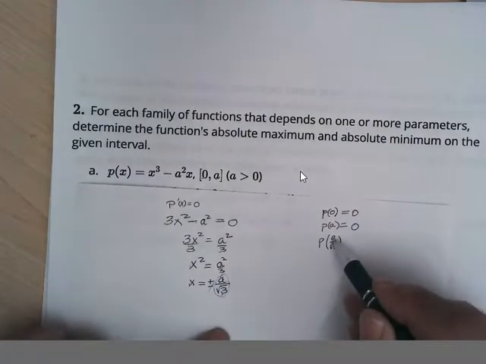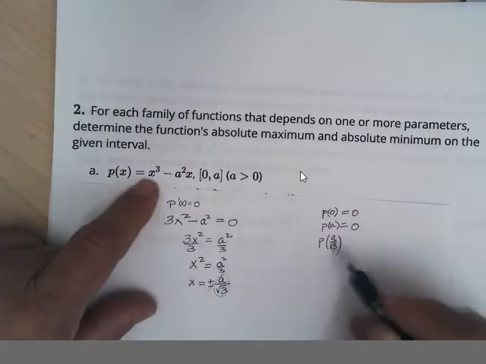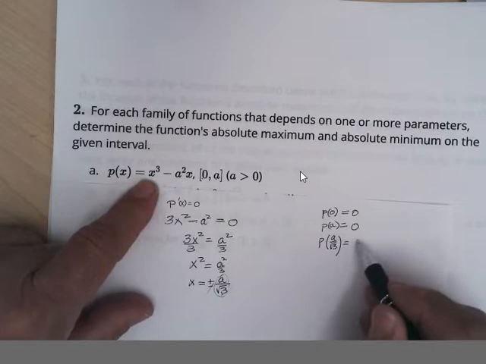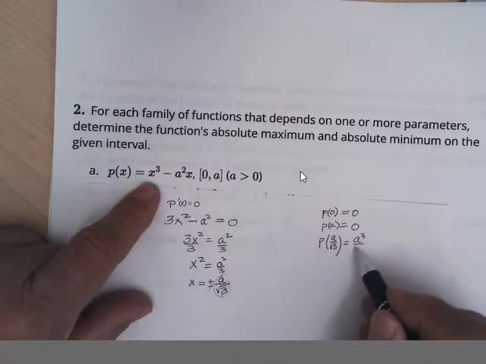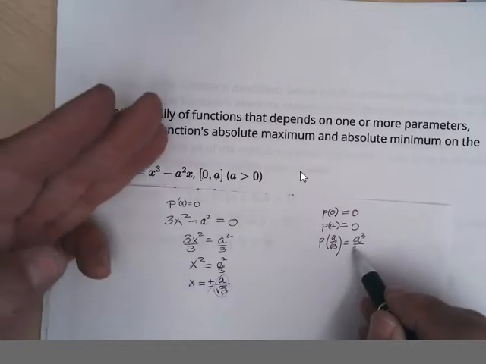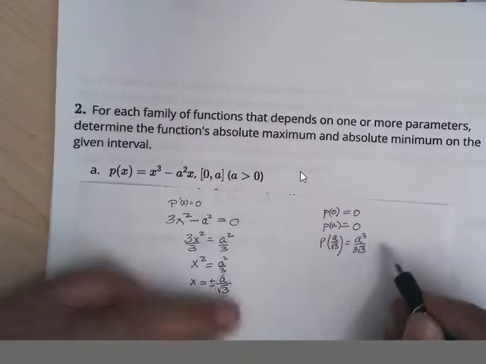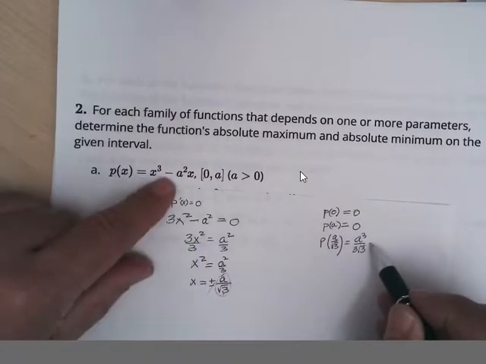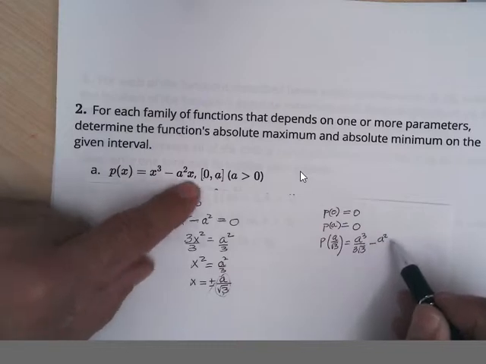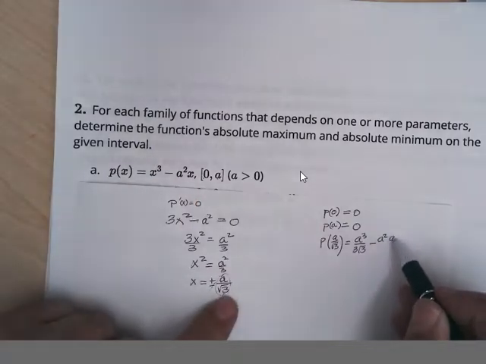If I put a over the square root of 3 in here, that becomes a cubed over the square root of 3 times the square root of 3 times the square root of 3, which is 3 square root of 3, minus a squared times a over the square root of 3.